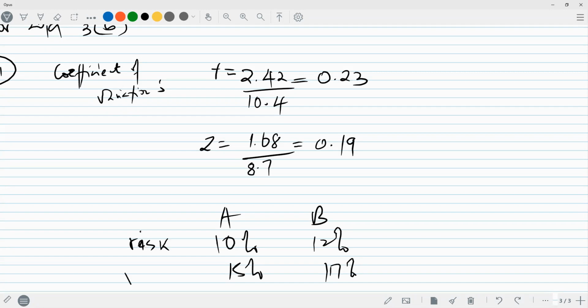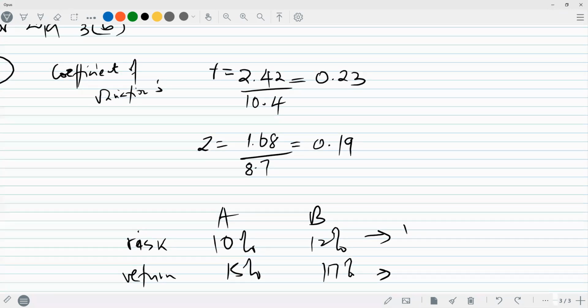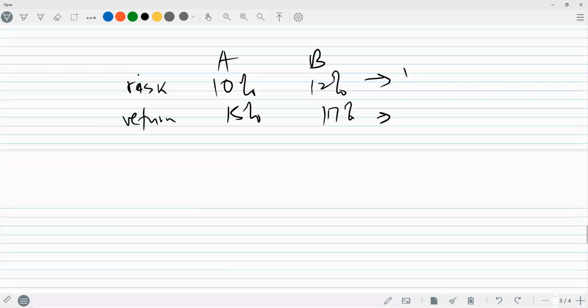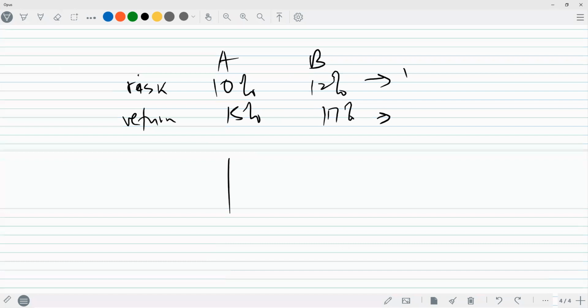This was risk, and this was return. So we can get the coefficient of variation for each one of them. For A, the coefficient of variation will be equal to risk 10 divided by 15. This is 12 divided by 17.